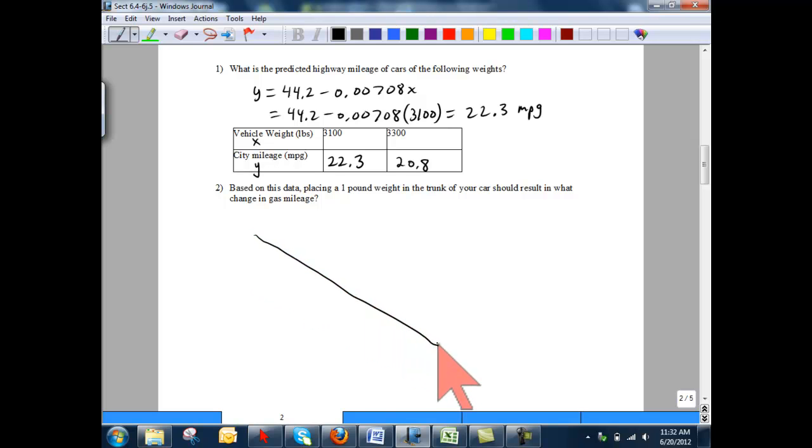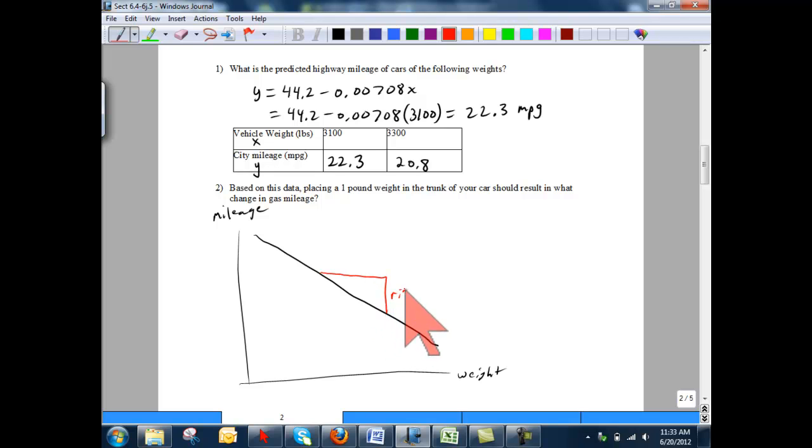On the graph that we saw before, we had weight and mileage like this, and the slope was negative. The graph sloped downward. And so think about what slope means. Slope means rise over run.